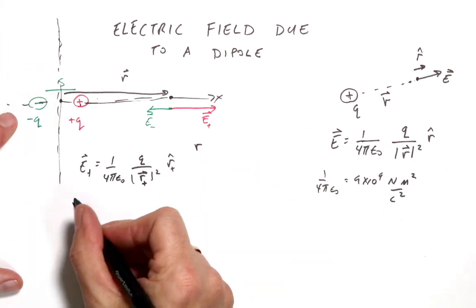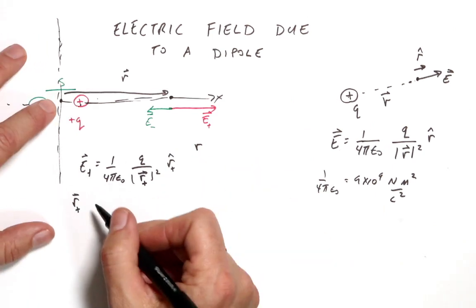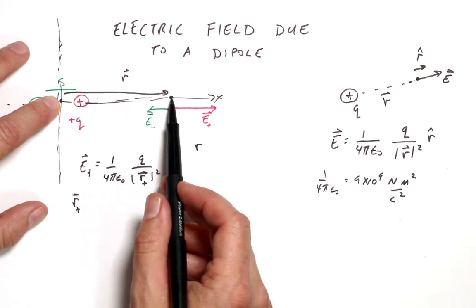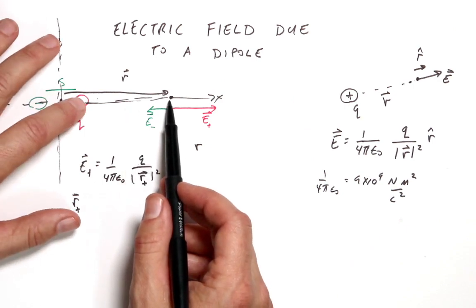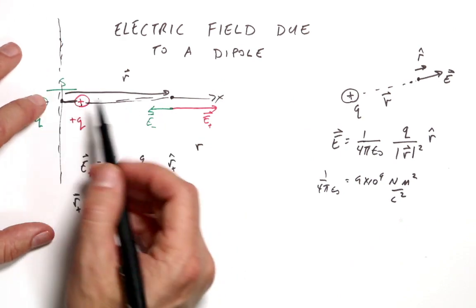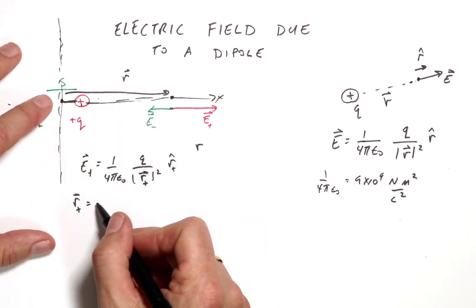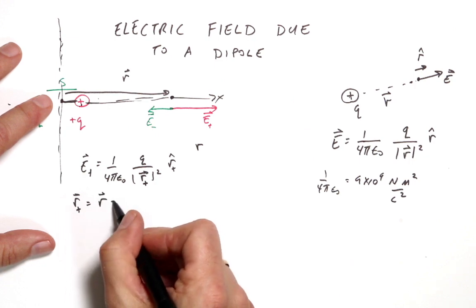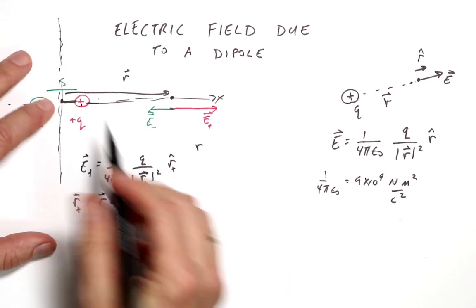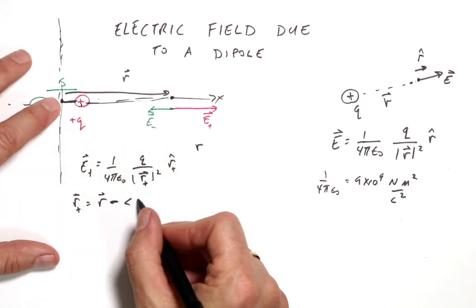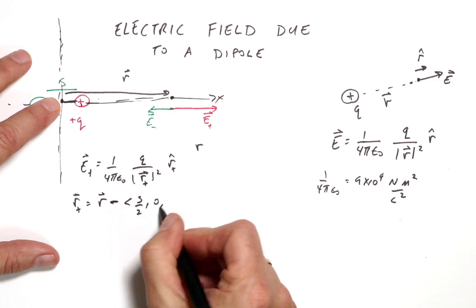So what is r plus? Well, r plus is going to be equal to the vector from here to there, r final minus the vector r minus the location of the charge. The location of the charge is at s over 2, 0, 0.